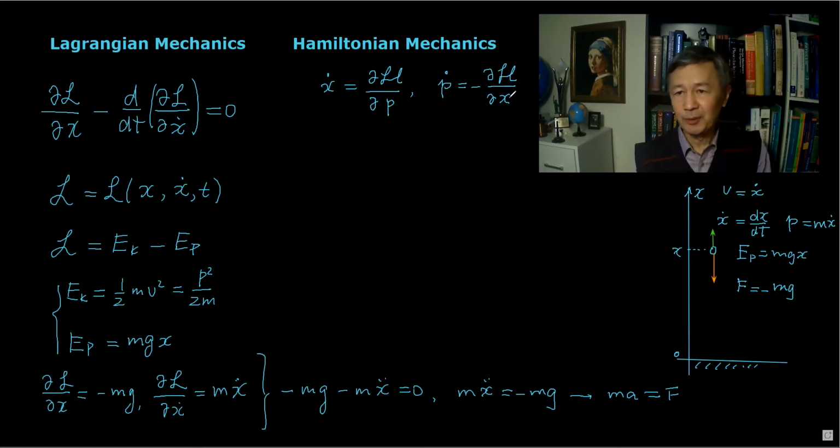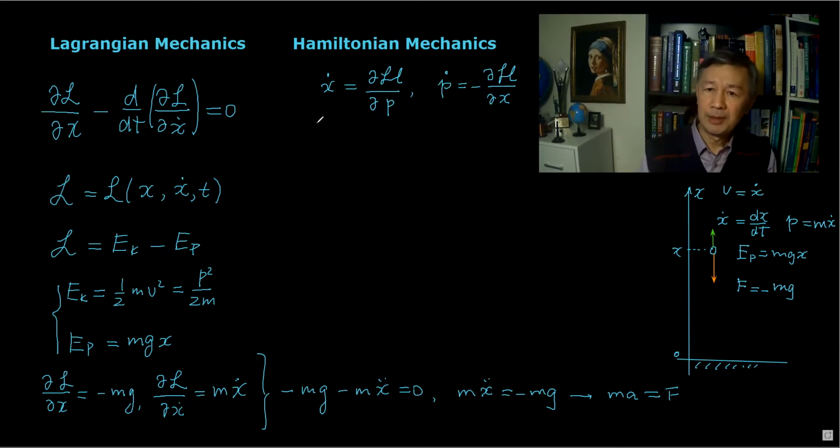Of course, you will ask, what is the Hamiltonian? Well, the Hamiltonian, compared with the Lagrangian, is closer to the energy. You can just consider that the Hamiltonian is simply the total energy of the system. Here, in this simple example, we just consider a single particle system, so we don't have a summation.